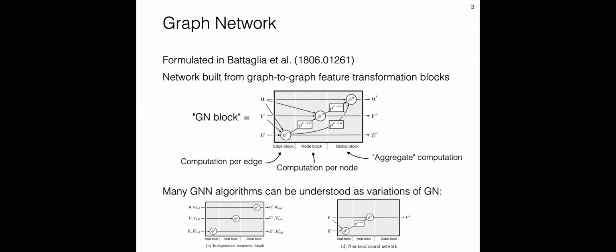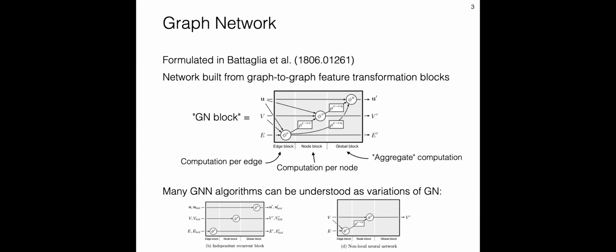But before talking about high energy physics, I'd like to quickly introduce another concept, which is the graph network, because it will be helpful in understanding the neural network architectures that appear in this talk. The graph network was formulated in a 2018 paper by Battaglia and company. Basically, it's a network built from graph-to-graph feature transformation blocks. The block is represented in this cartoon in the middle.